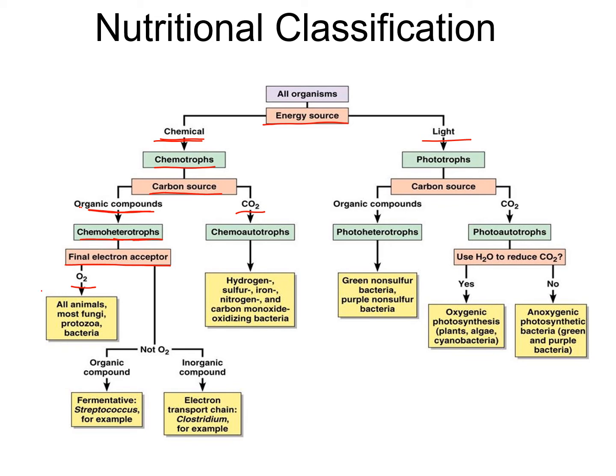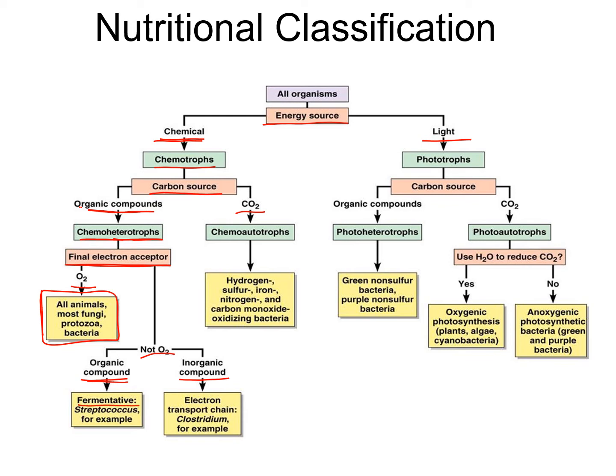And that is pretty much almost all the living things that we can think of. The animals, the fungi, the protozoa, and a large number of the bacteria. If that final electron acceptor is not oxygen, then it's either an organic compound or an inorganic compound. If the final electron acceptor is an organic compound, then they are using fermentation to get their energy from those organic compounds.